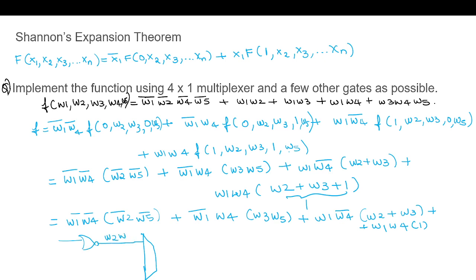W2, W5. So this is W5, and we have W3, W5.